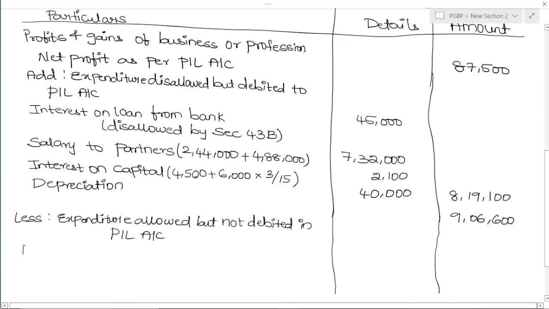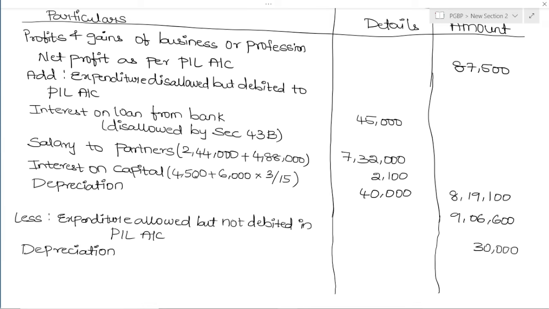How much is the depreciation amount? 30,000, right? You can see in the adjustments, depreciation as per section 32 is 30,000. Now we have to deduct this 30,000 from 9 lakh 6,600. So 9 lakh 6,600 minus 30,000, 8 lakh 76,600 will come.